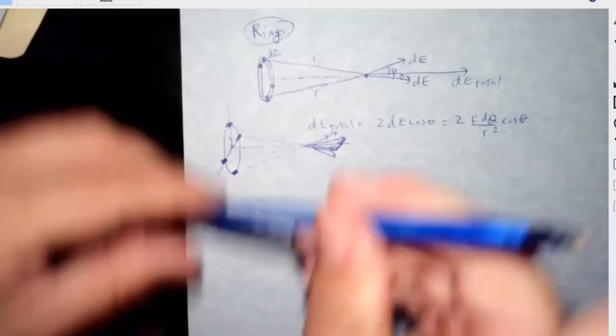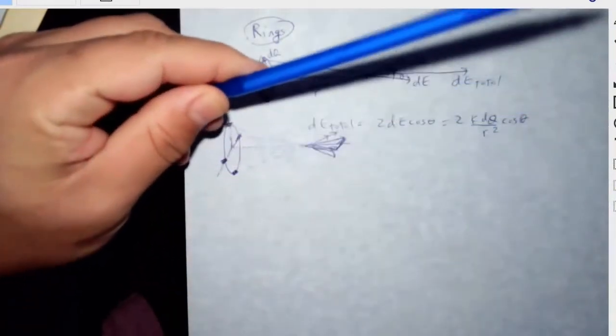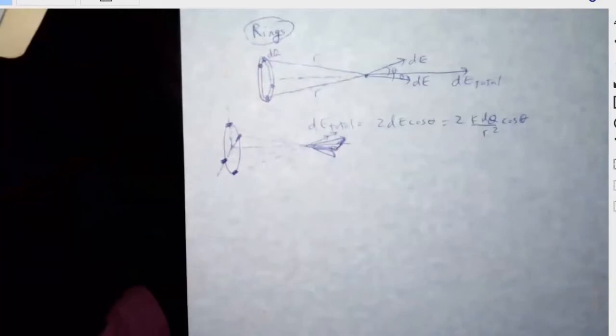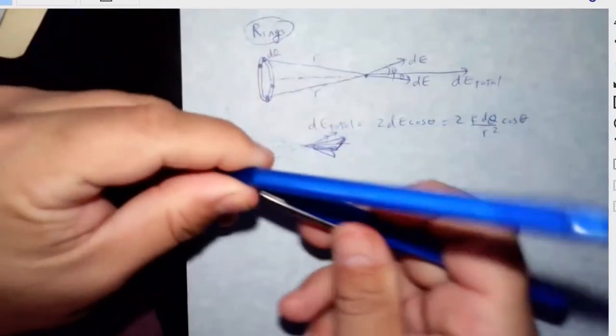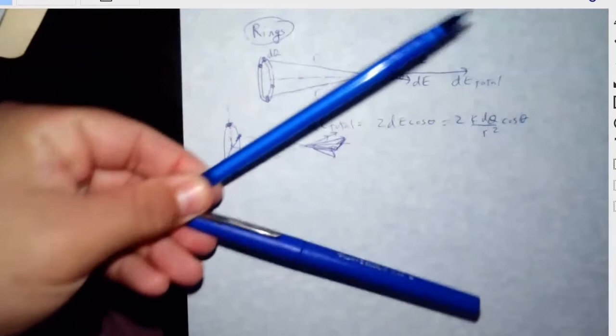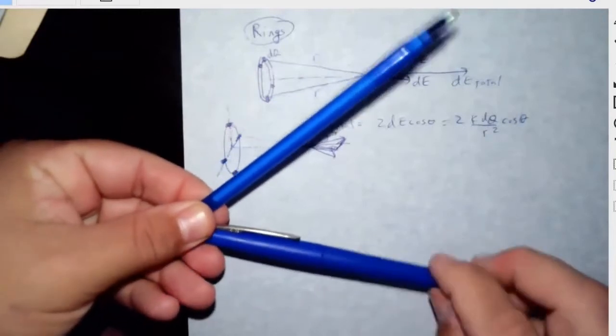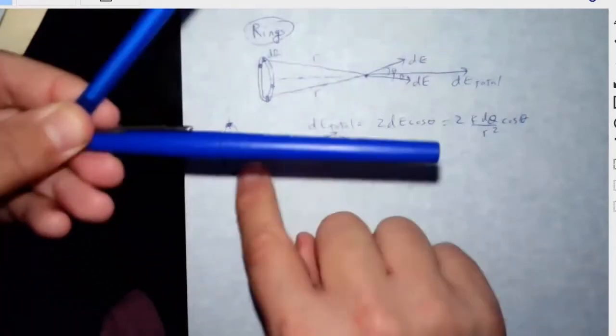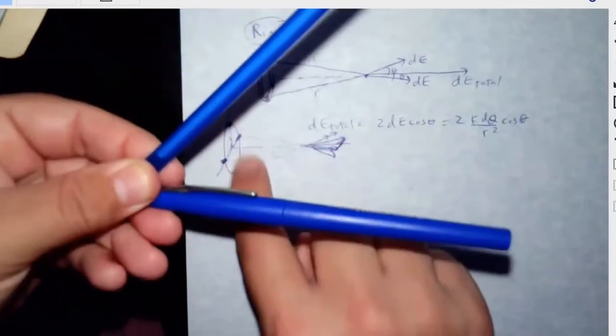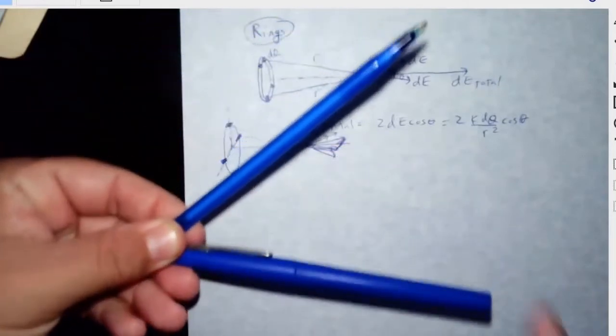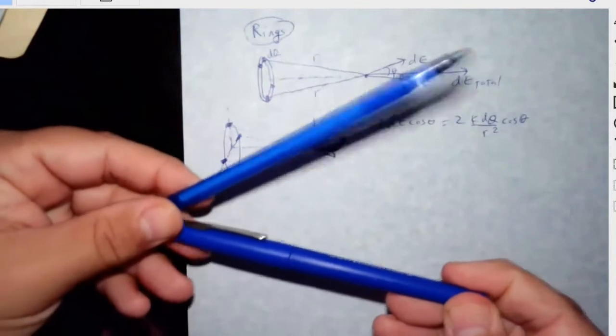Imagine two pens like this, up and down. So that one is created by the top piece and the bottom piece. Two E fields like this, equal length, you see.